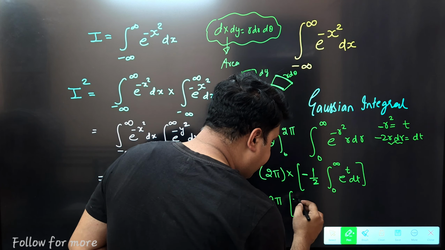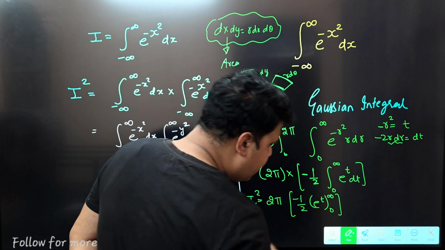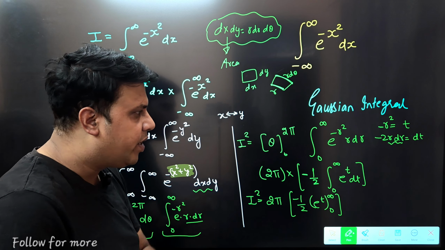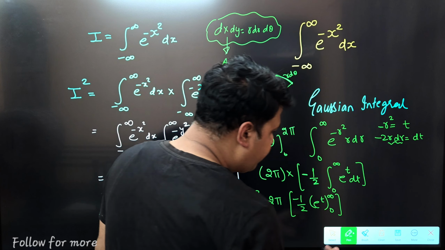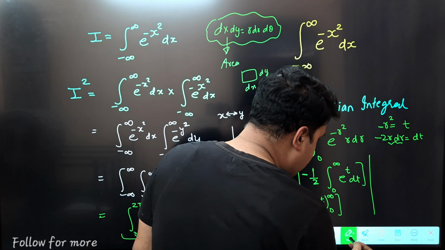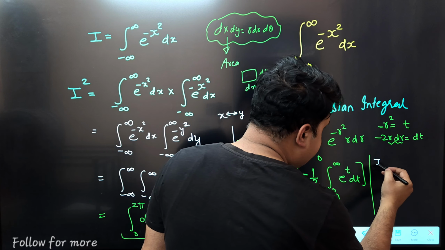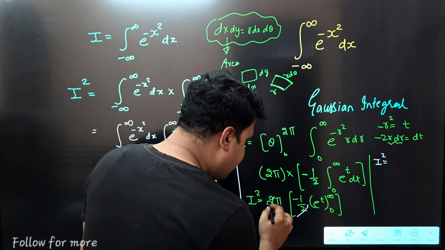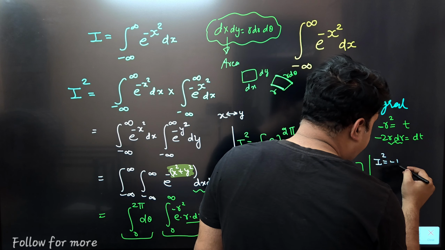So this is going to be minus 1 by 2 e power t, from 0 to infinity, right? I square is nothing but, now this is remaining 2π, or we can cancel this also. So this is π, negative π.